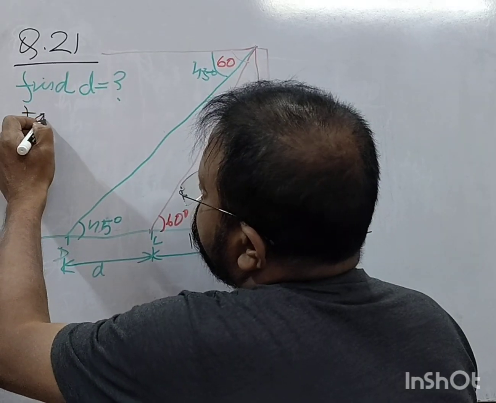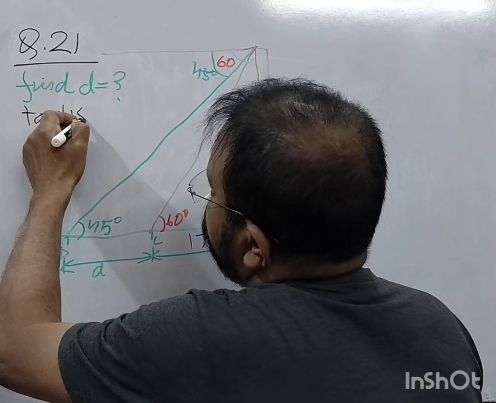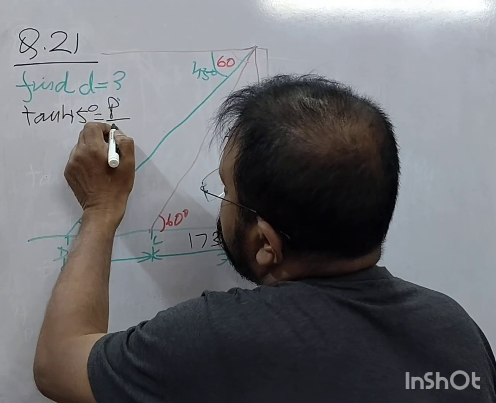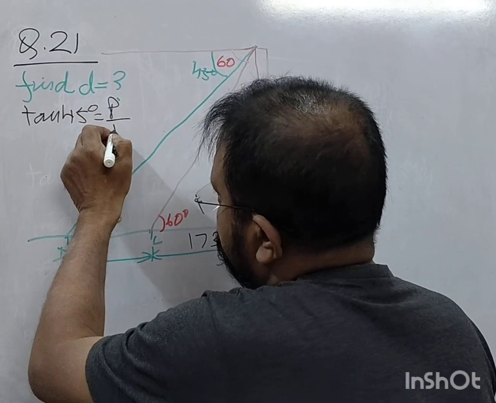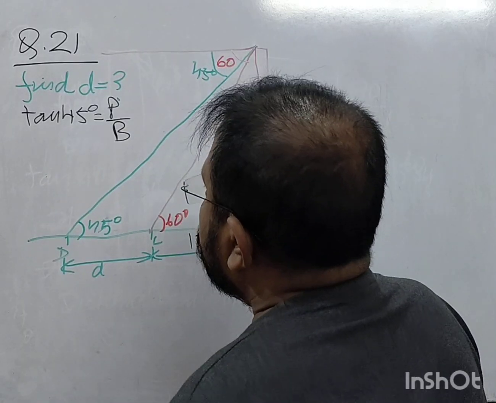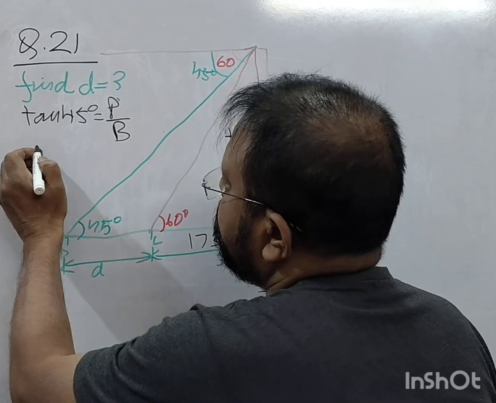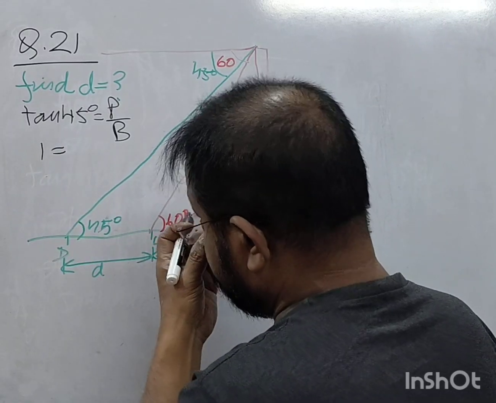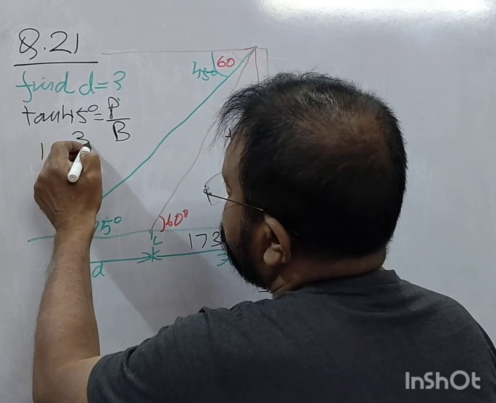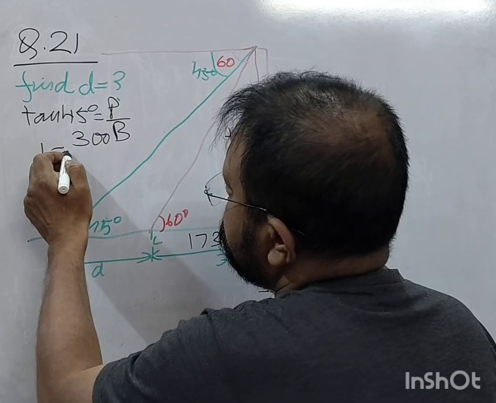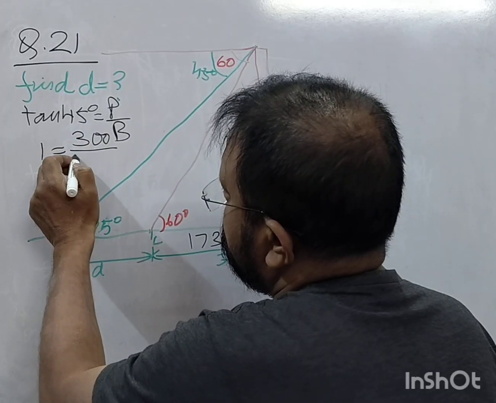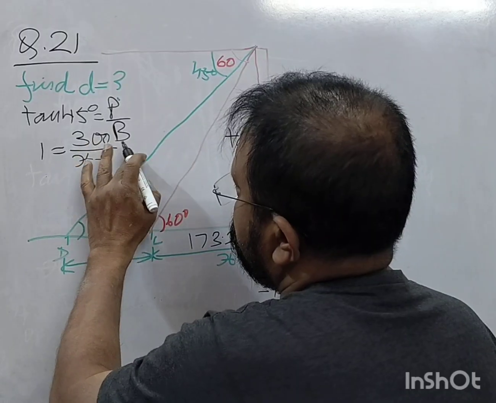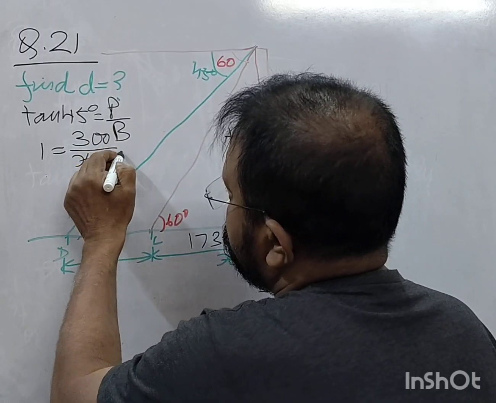Now we come to tan 45 degree is equal to perpendicular upon base, right? So it is 1 is equal to, what is perpendicular? 300, and base is x plus d.